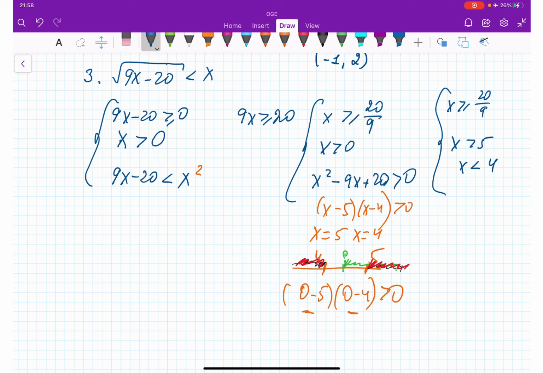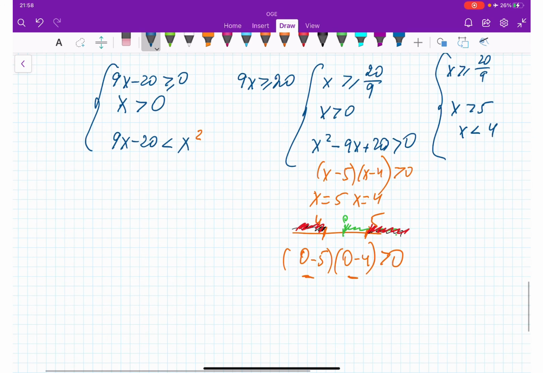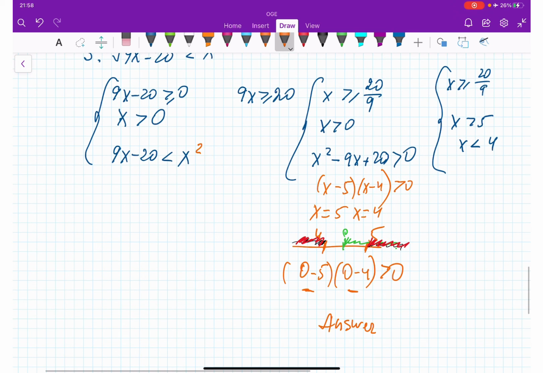So practically our answer is going to be the interval between 20 over 9 and 4. Why? Because this is my 20 over 9, this is my 4. So more than 20 over 9, and less than 4.